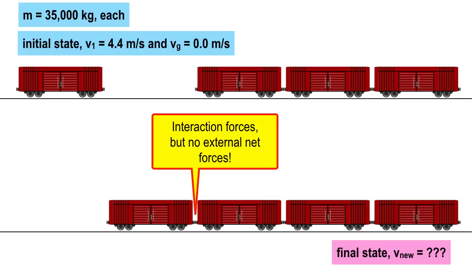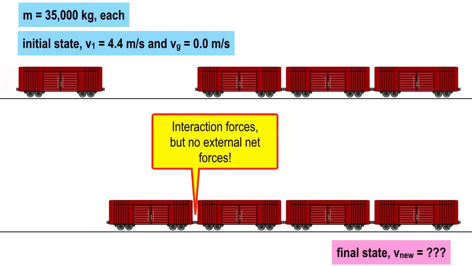There are no unbalanced external forces. The only forces acting are the interaction forces of bumping into each other, right where that yellow panel indicates. When they bump into each other, you'll hear a little bit of a boom, and then they'll start moving off to the right as one big unit.